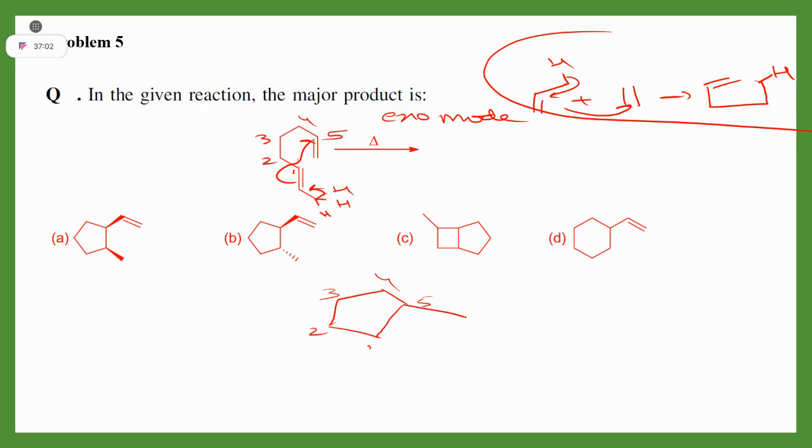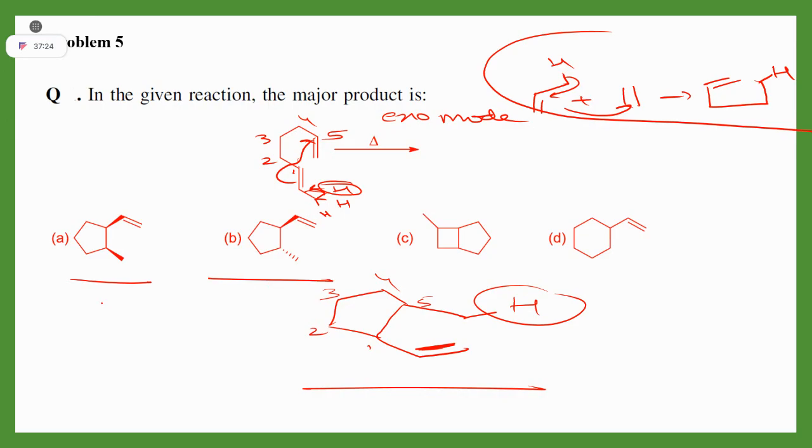At 5 number carbon, one carbon is there, that will have this hydrogen, one of the allylic hydrogen, right? And you will get this system. Why? Because this bond shifted to here and this shifted to there, and you will get this product. So this type of product is in two options, option number A and option number B.